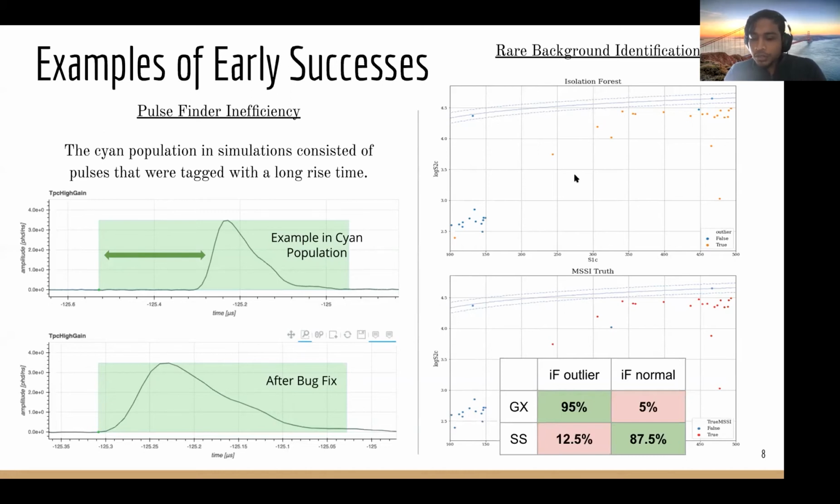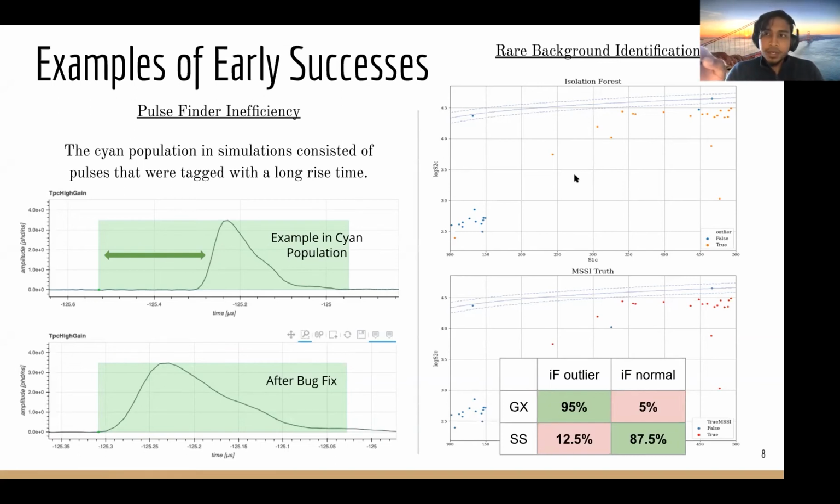In the case of variables like S1 and S2 sizes and pulse shapes, these are all super correlated to each other. If the first half of your pulse is big, then the second half of your pulse is also going to be big. So we made sure to give the algorithm only the most basic summaries of whatever class of variables we're talking about.